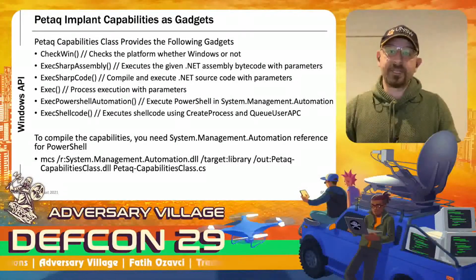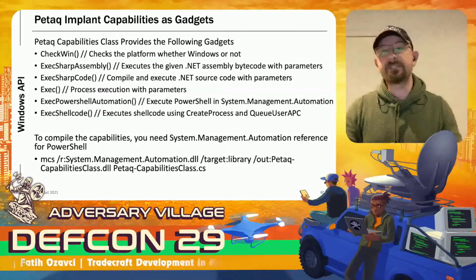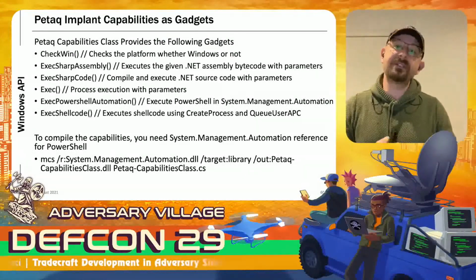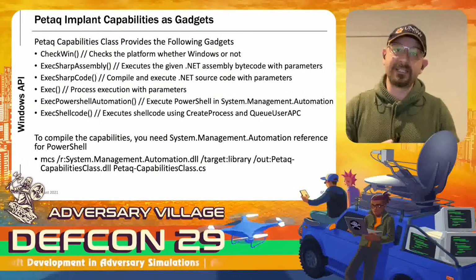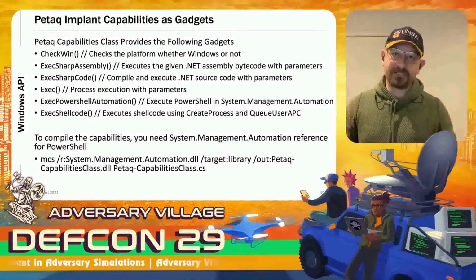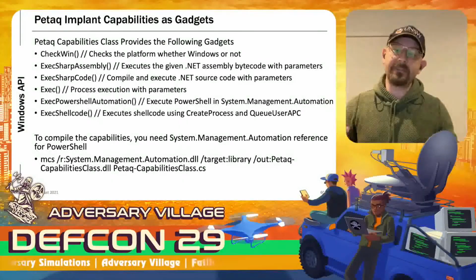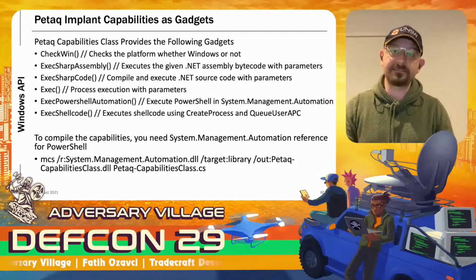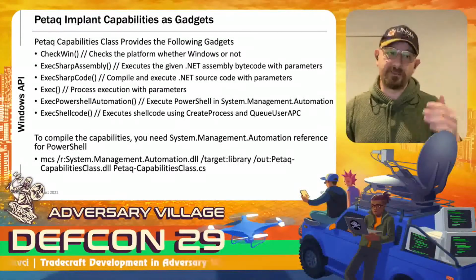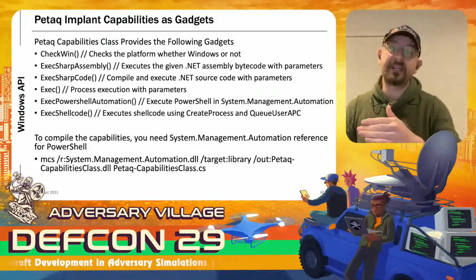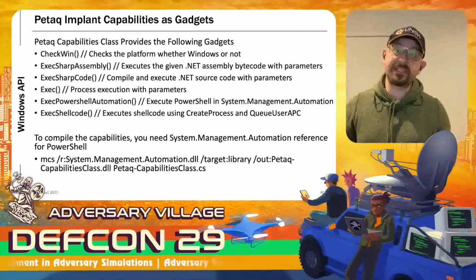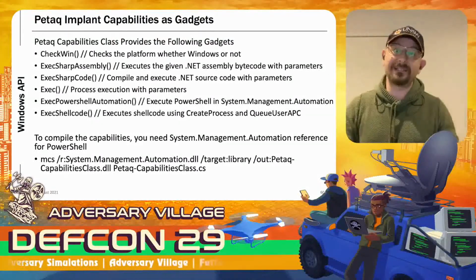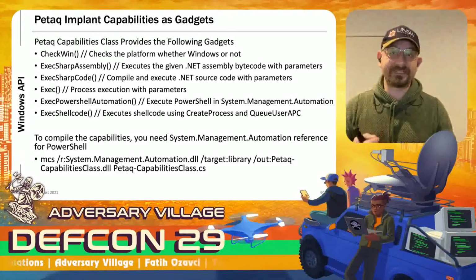In addition, it can run PowerShell, but the PowerShell is running through System.Management.Automation. The System Management Automation DLL is referred to as well as necessary. When you compile this, and if you didn't remove this PowerShell automation class, the function, you need to compile with the reference of the System Management Automation DLL, which is a good example for you. I put the DLL in the same directory so you can see it.